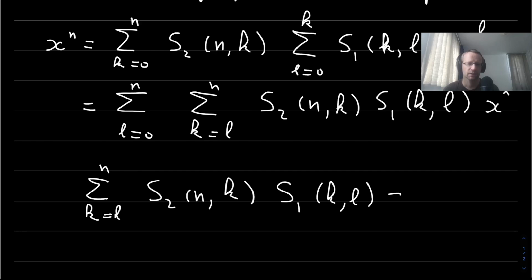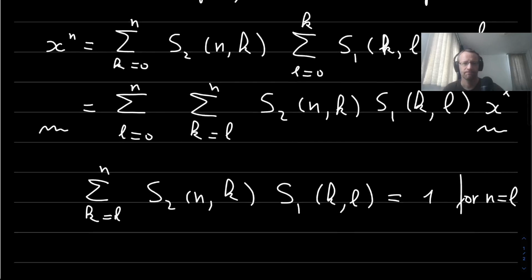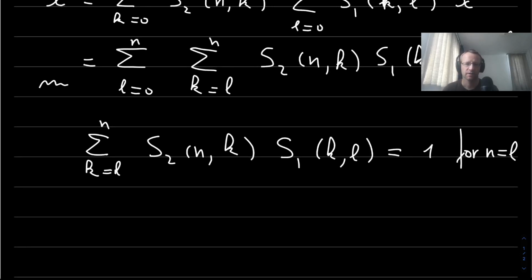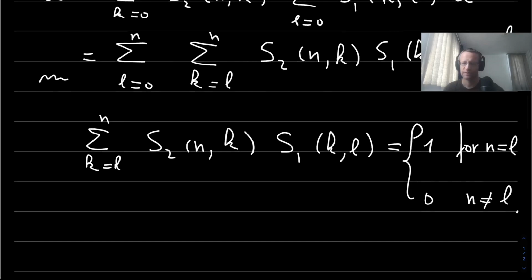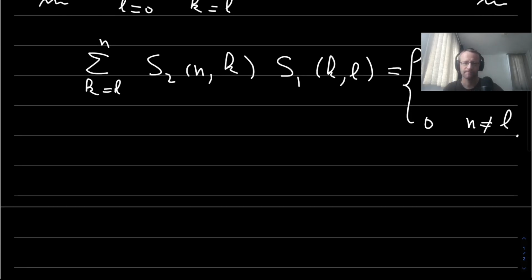So this has to be 1 for n equal to l by this equation, and it has to be 0 when n is different from l. This is some relation between the first and the second kind Stirling numbers.